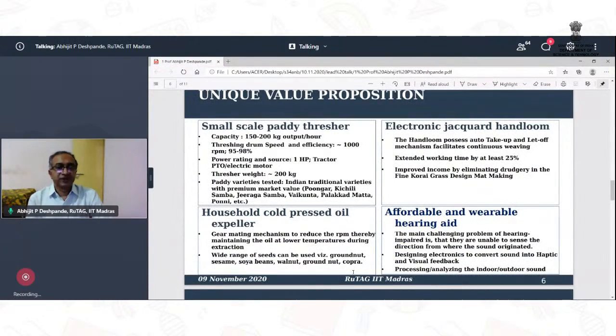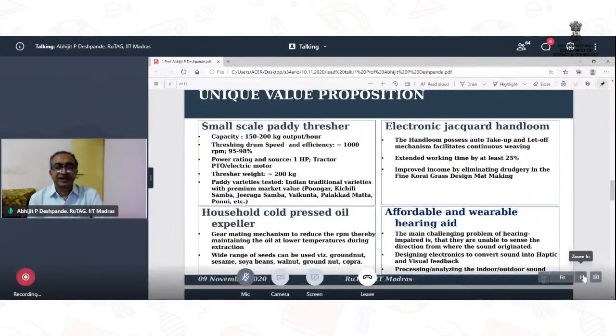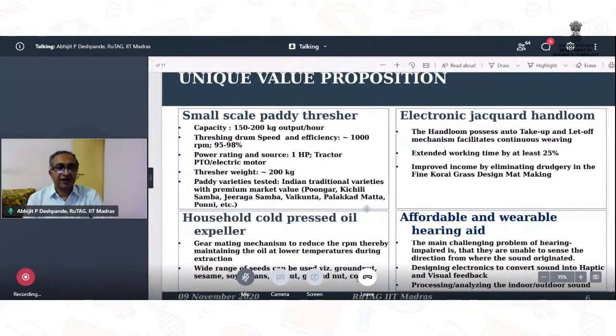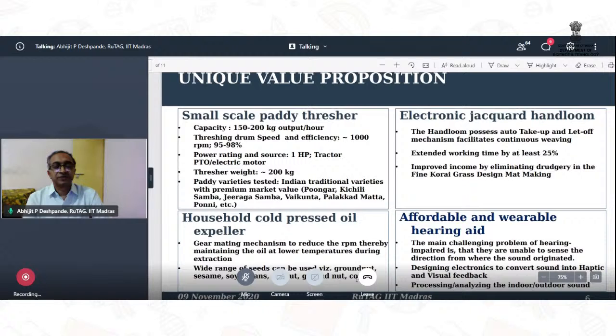So in terms of proposition, each of them contains a very unique value. If you see, for example, for the small-scale paddy thresher, we are looking at 95 to 98% efficiency, and sometimes this is not even there with manual threshing. And of course, when you have a large-scale paddy thresher, the amount of waste is much higher.